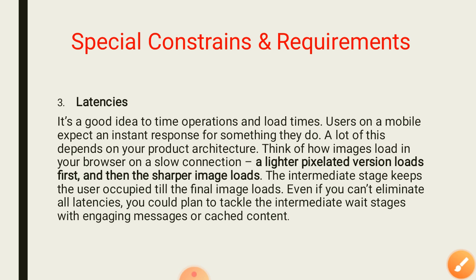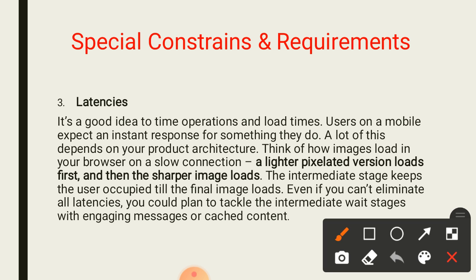Okay, then latency. What do we mean by latency? Every user of the mobile wants zero latency, meaning it takes a minimum time to load all the applications. It is a good idea to consider the operation time and the loading time. Users on the mobile expect an instant response for something they do. A lot of this depends on the product architecture. Think of how images load in our browser on slow connections.